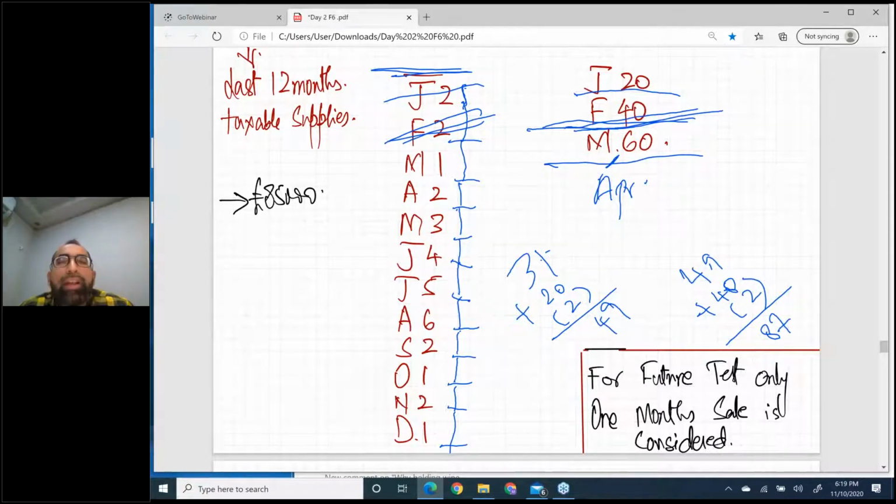Now what does he have to do? He has 1 month from the end of Feb to apply for registration. That means he has to apply before 31st March, and the tax department will make him an active registered person from 1st of April. So this is basically the historic test.